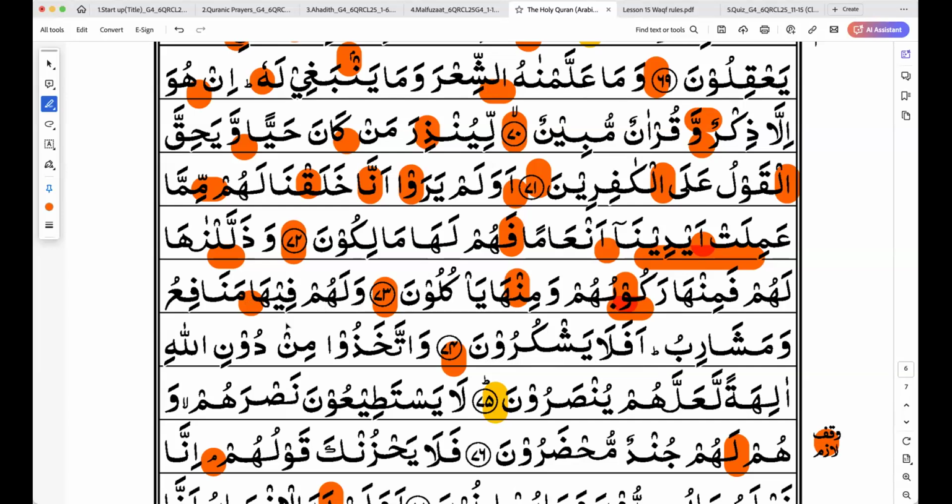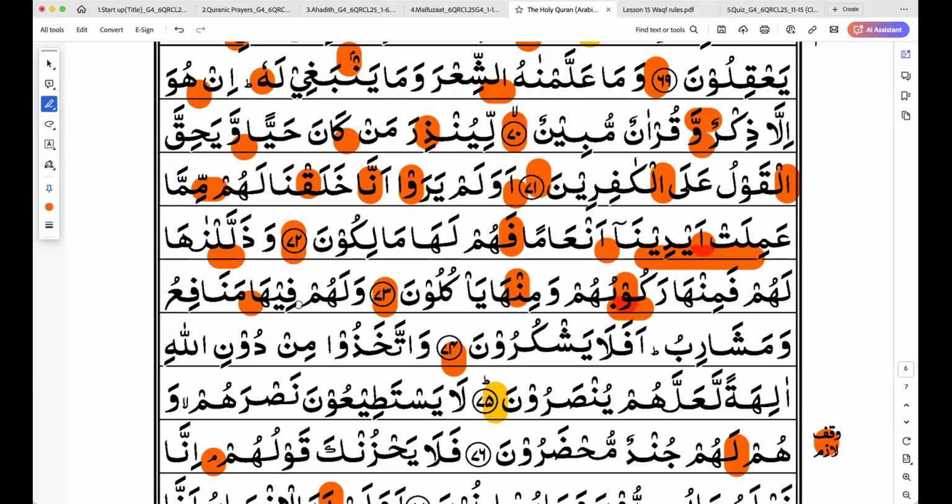Jazakumullah. So make sure when you stop or pause somewhere without the signs, go back to that word or two words before and then recite from there, okay? I think you paused over here, so make sure you start from here or here, okay?